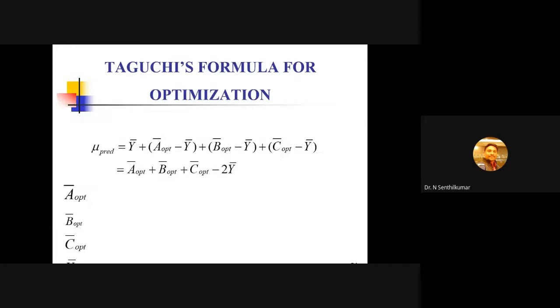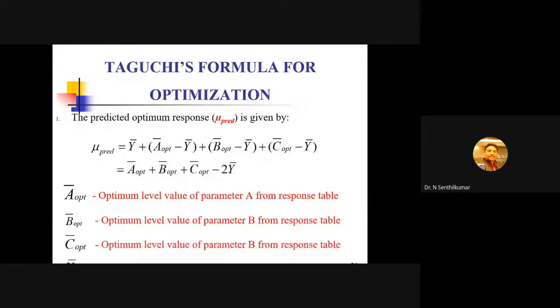This is the formula that we are going to use for prediction purposes. Here I am going to have three parameters, A, B, and C. By using these formulas, we are going to predict the output for the optimal condition.